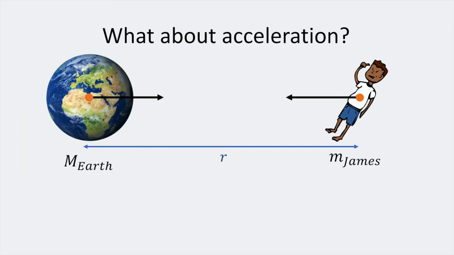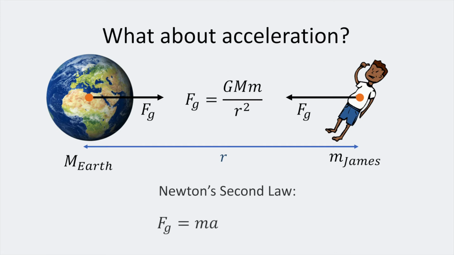Now, knowing the force that each object feels, how do we figure out their acceleration? Well, we know that the forces are equal and opposite and given by GMm over r squared. You notice here that we have skipped the negative sign, which is because we're explicitly keeping track of the direction in which the objects are experiencing force. So, we can use Newton's second law, Fg equals ma, and equate that with the Fg that we have up on top.